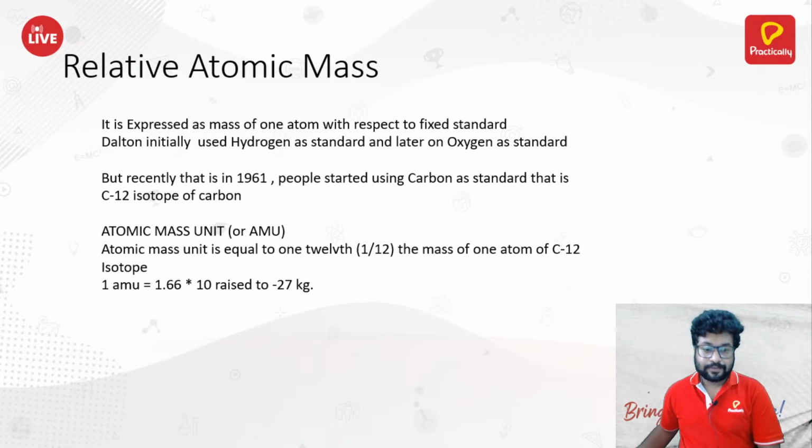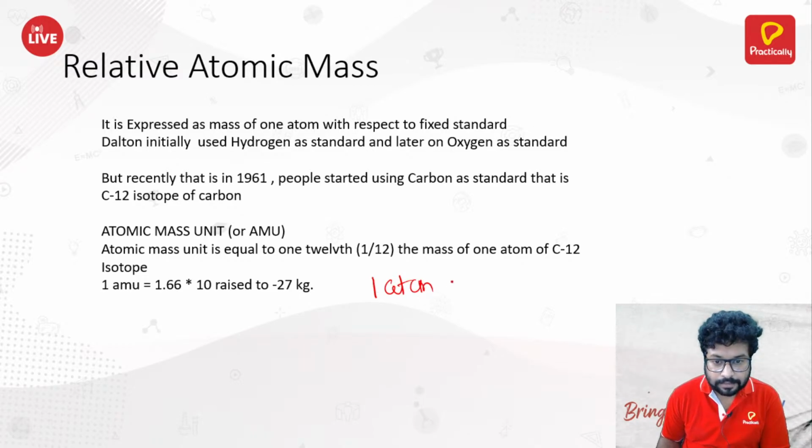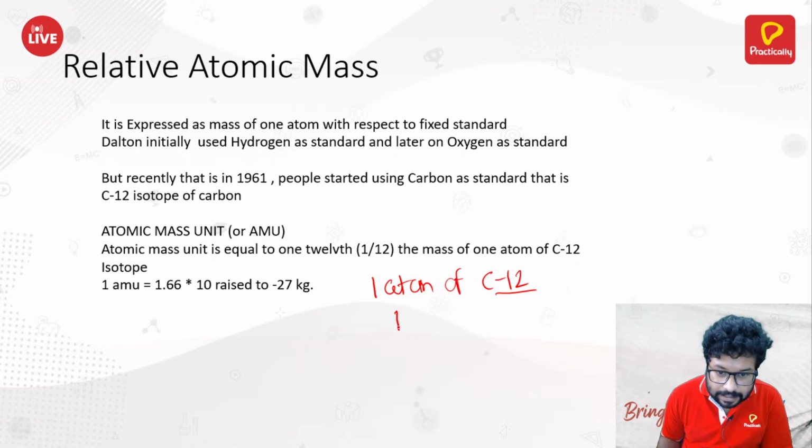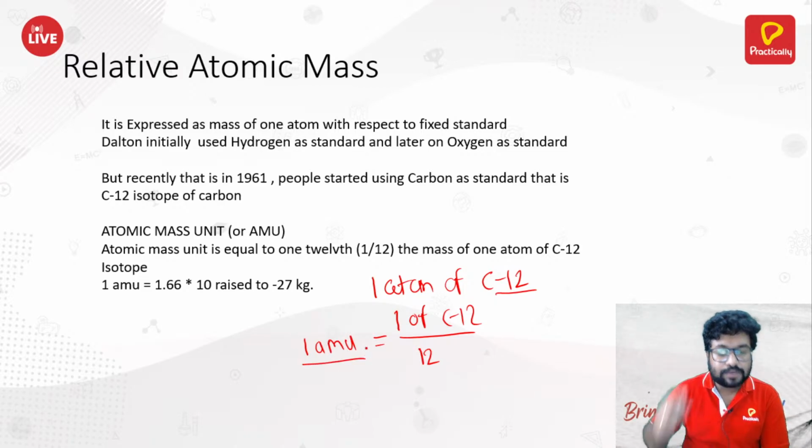That means you take a single atom of C12 and divide its mass by 12, and that will be equal to 1 AMU. AMU means atomic mass unit.